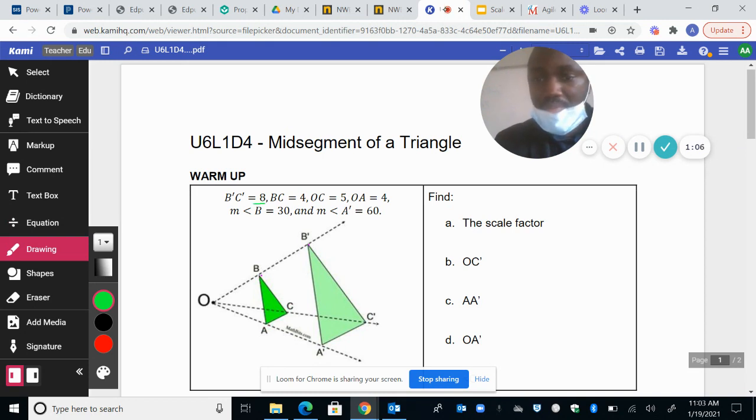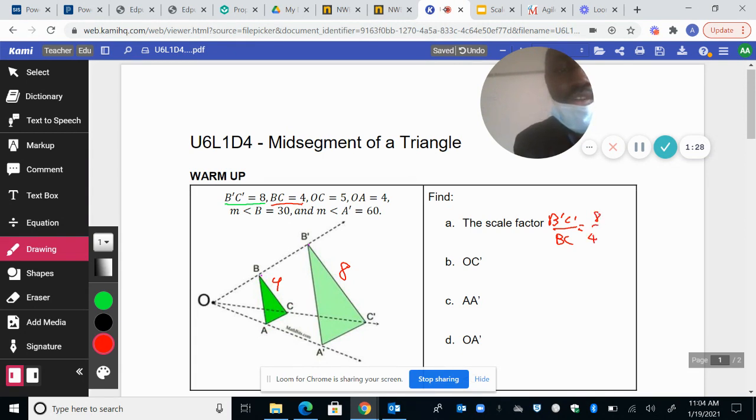B prime C prime is 8, and BC is 4. As I've told you, scale factor is always image over pre-image. So the image is 8, the pre-image is 4, so our scale factor will be 2.